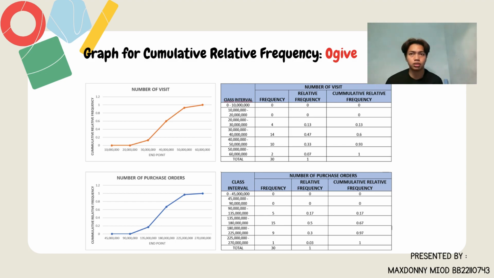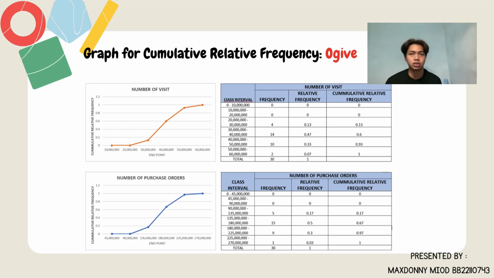So for the graph for cumulative relative frequency, I am using an ogive. How we get this graph is by using the cumulative relative frequency data. For the first class, 0 to 10 million, the cumulative relative frequency is 0, by looking at the relative frequency, which is 0.